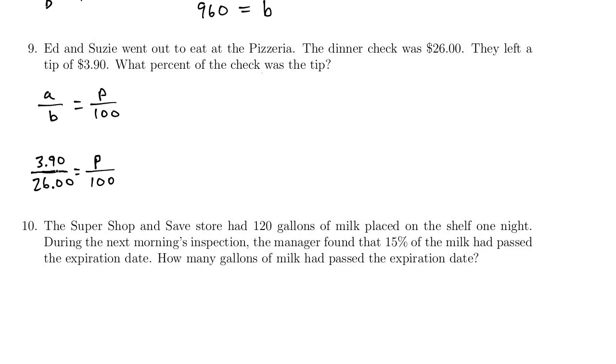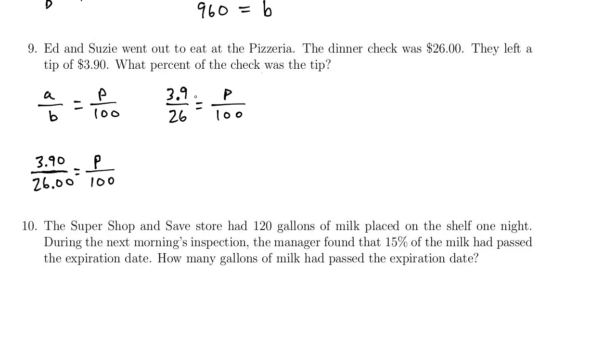And I'm going to rewrite this proportion without these extra zeros in here because those don't really do us any good. So down here, the 26, the base, I'm just going to write that as a whole number because the extra zeros here don't mean anything at the moment. And then $3.90, I'm just going to write that as 3.9. That extra zero doesn't matter.